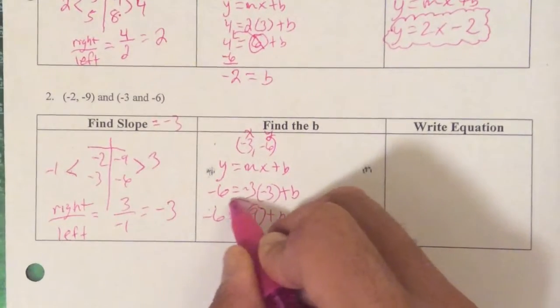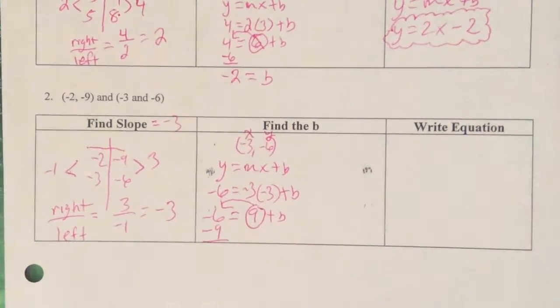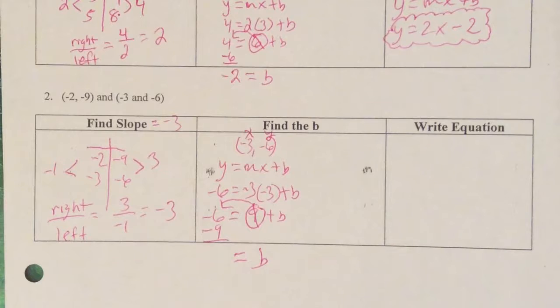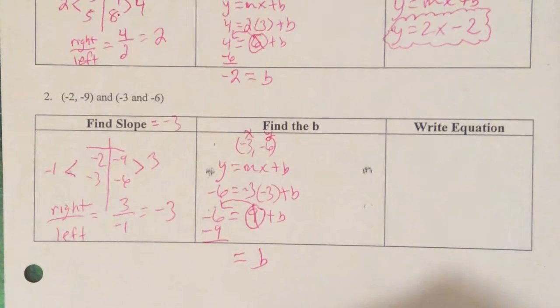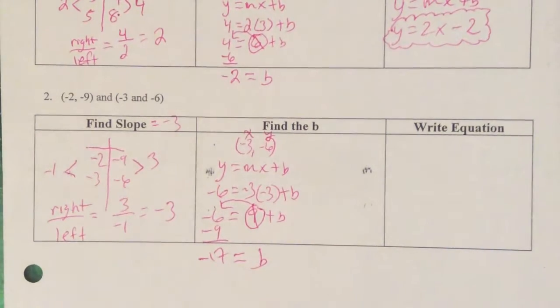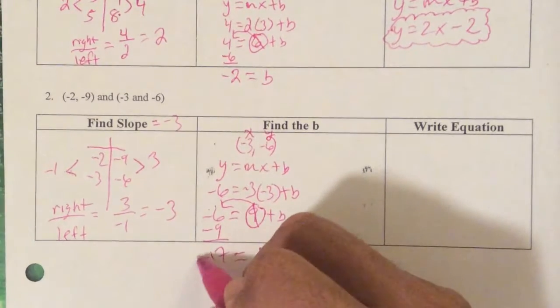Now I have to jailbreak the 9 over to the other side and it becomes a -9. So I'm left with b equals -6 minus 9 gives me -15. Or sorry, -6 minus -9 gives me -17. Oh, I'm wrong again. -6 minus 9 actually gives you -15.